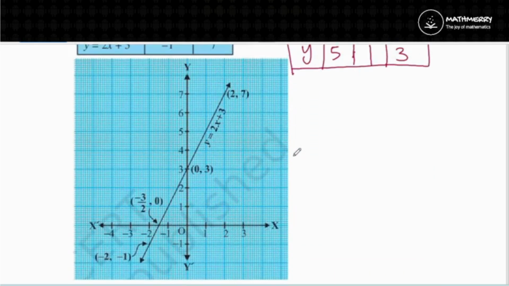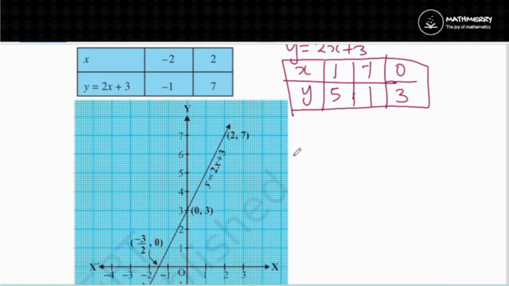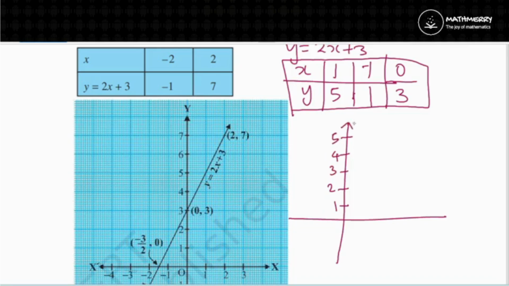So suppose this is a graph. In y we have up to 5, so 1, 2, 3, 4, 5. Now this is our y, and this is our y dash, and this is our x, and this is our x dash.